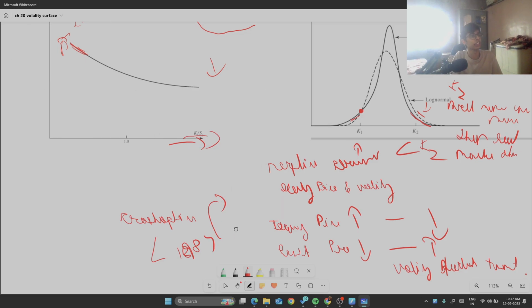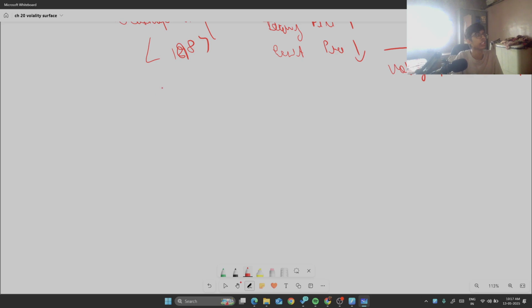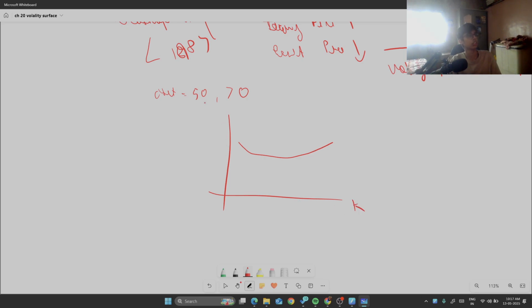So there is a slight issue, right? Let's say the asset price is 50 and then the asset price moves to another value, 17. If the strike price is here and the implied volatility is here, this effect can change the distribution or move the smile a little bit.